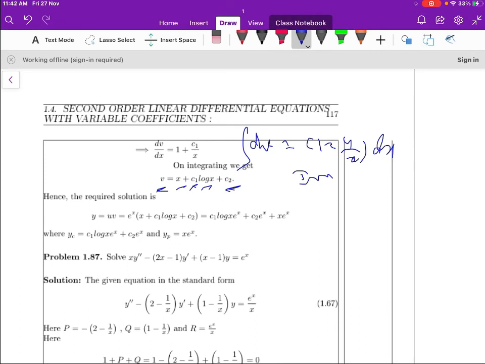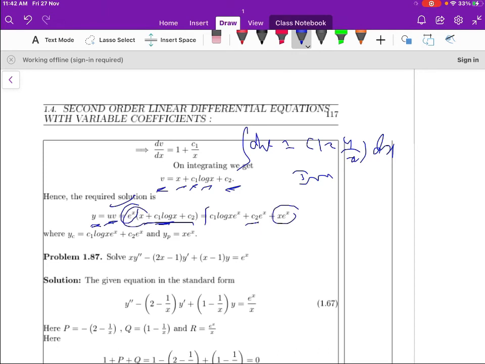So this is v. Therefore y, the second part of the complementary function, is of the form y equal to u into v, where u is equal to e power x and v is calculated, that is x plus c1 log x plus c2. Taking e power x inside, we get c1 log x into e power x, and c2 into e power x, then x into e power x here.